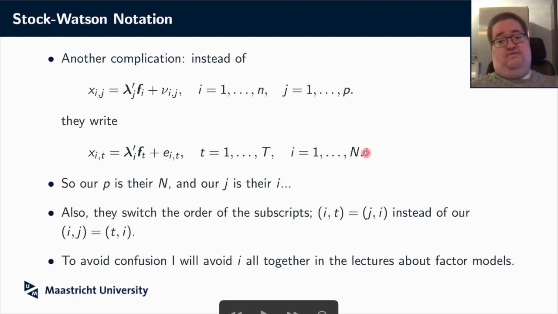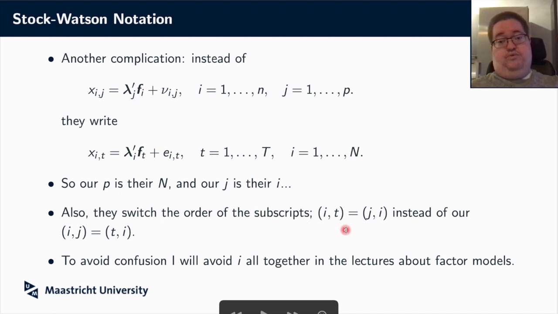Their i is the variables, and they call them 1 up to capital N. So this is a bit confusing: this i is actually our j, and this capital N is not our small n, but it's our small p. And our small n is their capital T, and our small i is their small t. So I can imagine that this can be a bit confusing.